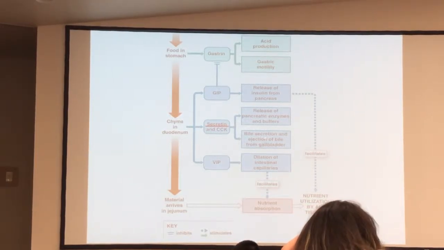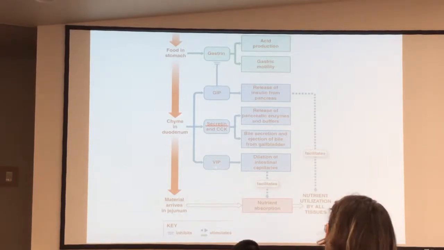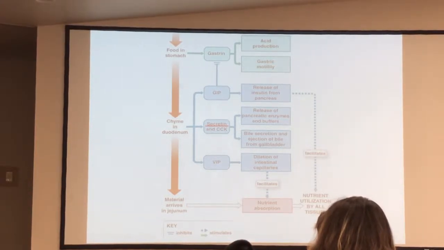The other one is VIP. It causes vasodilation, more blood to come. All this is working to increase digestion in the small intestine but decrease it in the stomach.